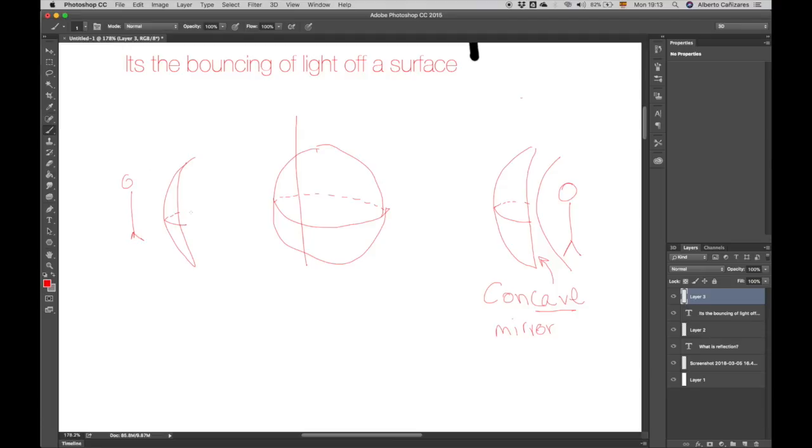Now we call these convex mirrors. And there are no more types of spherical mirrors. It's easy to remember because this one says cave and this one doesn't say cave, and that's it. So if it doesn't say cave, it's the other one, aka convex mirror.